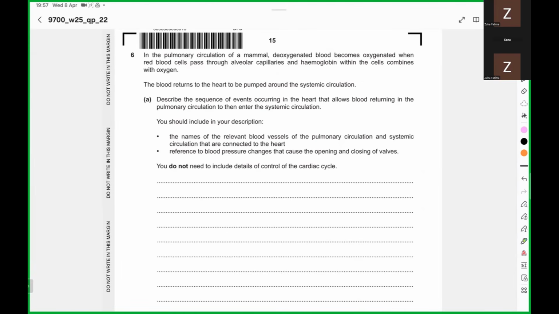Describe the sequence of events occurring in the heart that allows blood returning in the pulmonary circulation to then enter the systemic circulation. You should include in your description the names of the relevant blood vessels of the pulmonary circulation and systemic circulation that are connected to the heart, reference to blood pressure changes that cause the opening and closing of valves. You do not need to include the details of the control of cardiac cycle.